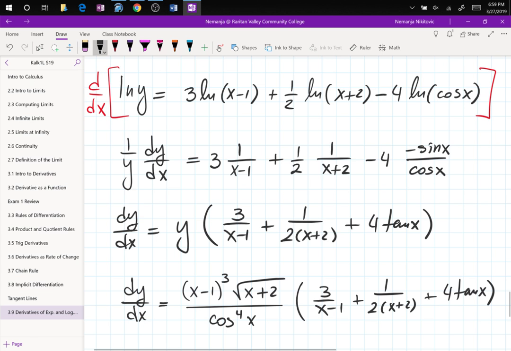Avoided all of the products, all of the chains, all of the quotients, it's all gone. It's just basic derivatives.